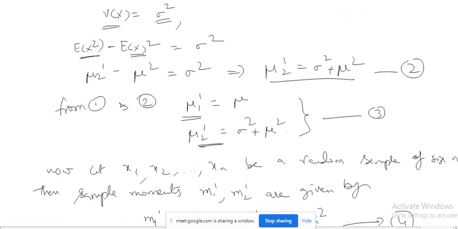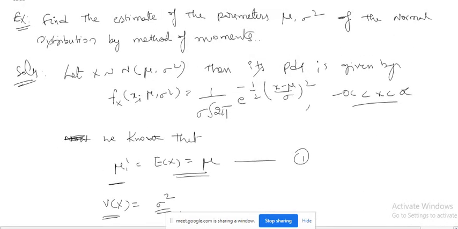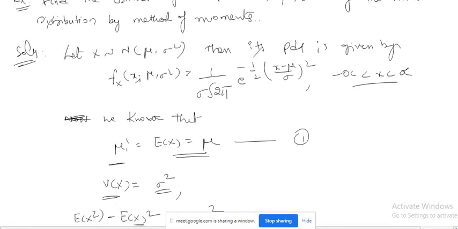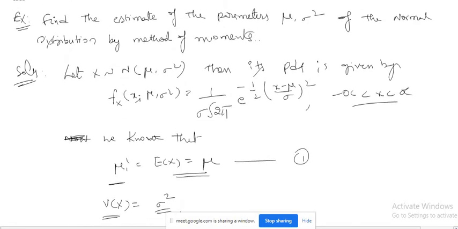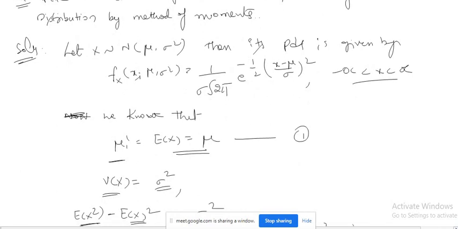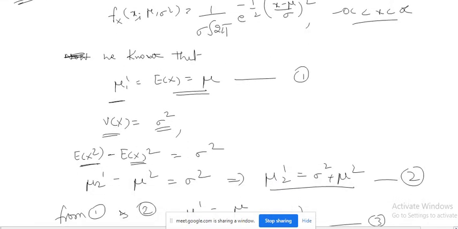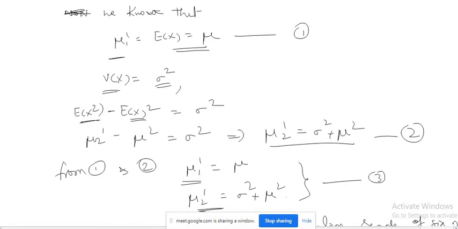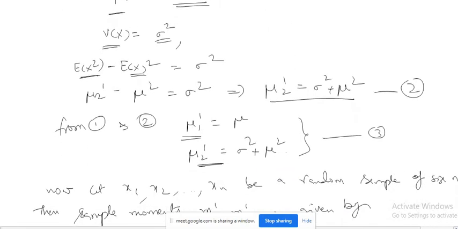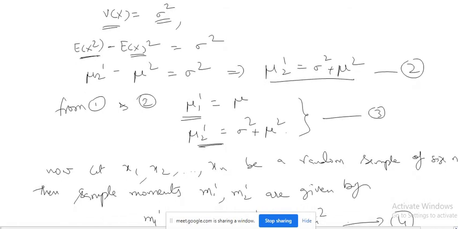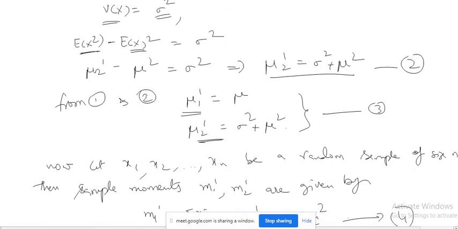Okay, once again I will go from the beginning. Find the estimate of the parameters mu, sigma square of the normal distribution by the method of moments. For the distribution, first we need to write the probability function. If you want, you can write it down, otherwise you can take screenshots. Let x follow N(mu, sigma square). We know that mu1 dash, expectation of x, is mu, and variance of x is sigma square, which is expectation of x square minus expectation of x whole square, giving mu2 dash.